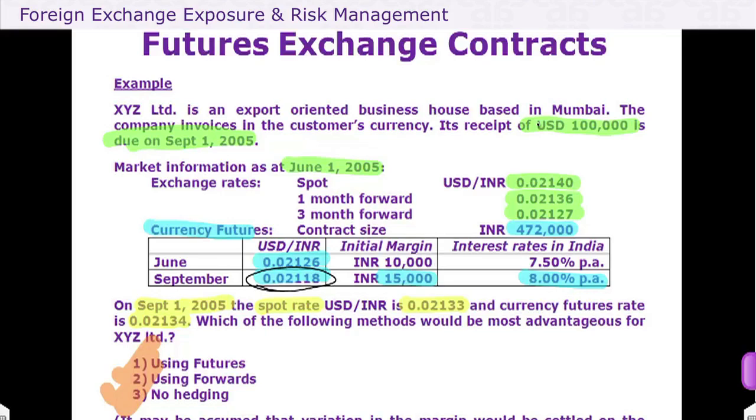You are anyway going to receive USD because of the invoice; 1 lakh is due in September. As an exporter, you would be selling it to the bank, which would be purchasing. We're talking from the bank's point of view, as all transactions are with reference to the bank's point of view.